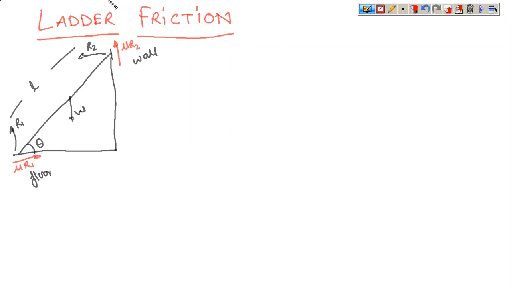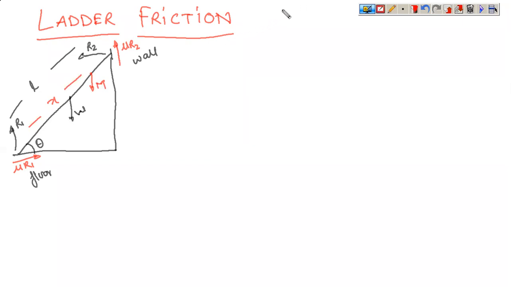Let us say that a man of weight m is standing at a distance of x from the ground. So you need to write down the equations of static equilibrium for this.